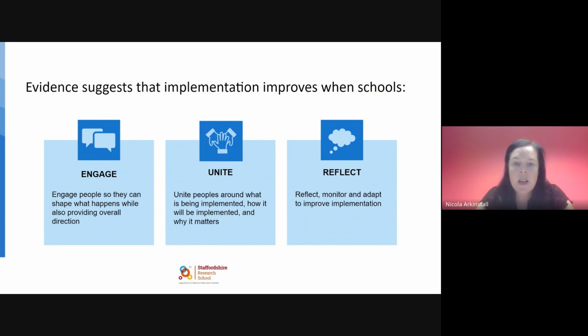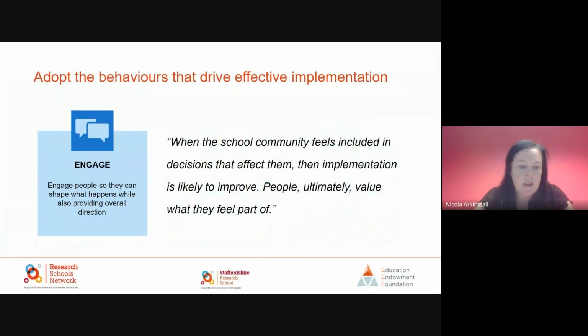So why those developments in your subject area matter, and how they can do that, and give them those tools for that. And also that reflection. So how do we reflect, we monitor and adapt throughout any changes and developments we're making to ensure that it is really having a difference in the classrooms to make a difference to the outcomes of our pupils in our subject.